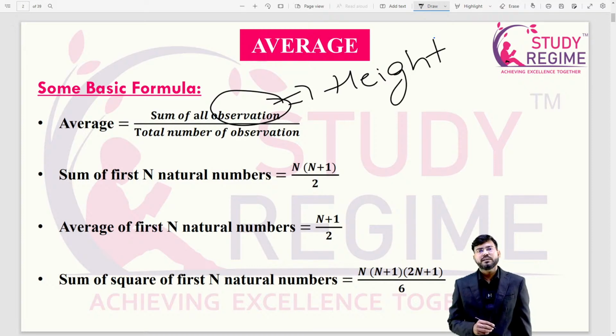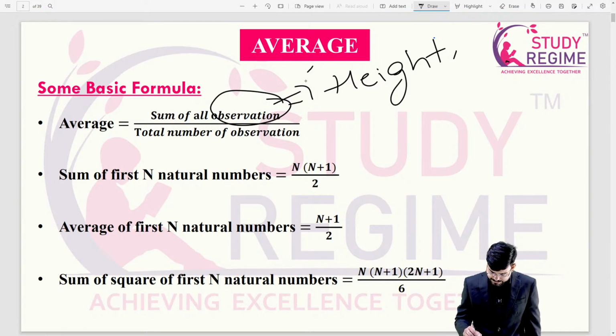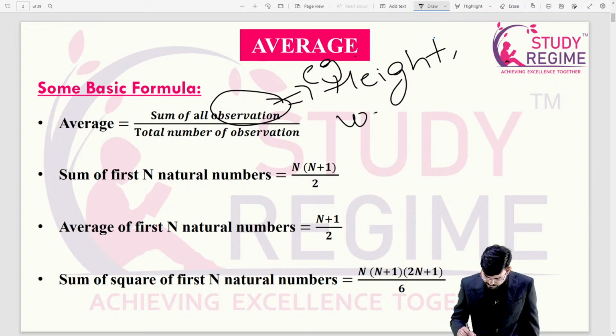In a classroom there are some boys and some girls. If I take the observation as height, there will be different heights. So these might be the observations which we are considering in that situation, or there might be some other observation which we will be considering at some other time. It can be height, it can be weight also.